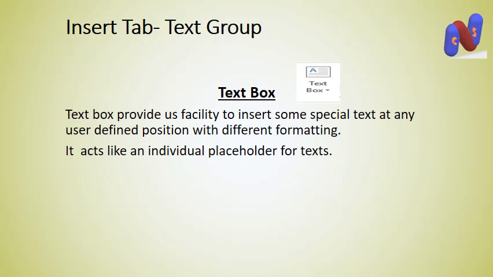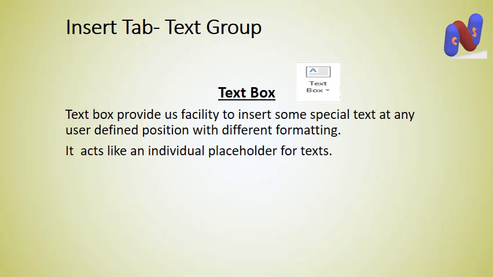Now insert tab text group. In the text group we get the option text box, and a text box provides us facility to insert some special text at any user defined position with different formatting. It acts like an individual placeholder for text.